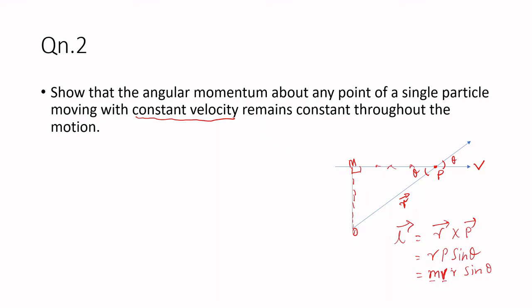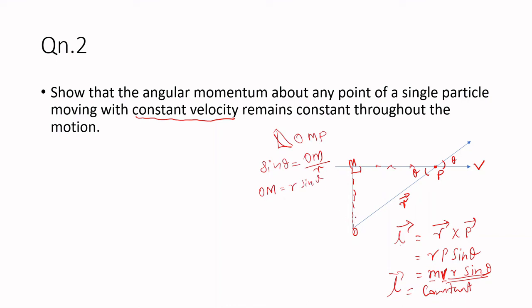So if L has to be constant, what needs to be constant is R sine theta. Where is R sine theta found? Let us take this right triangle OMP. In that, sine theta is OM divided by R. So OM is nothing but R sine theta.